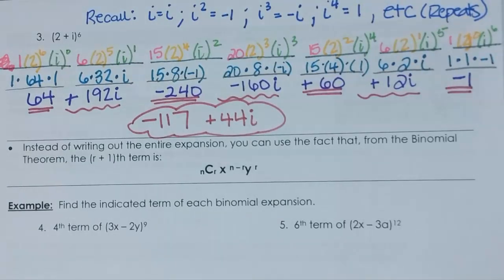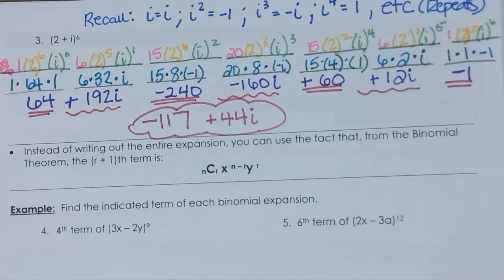So this is about if we're taking a binomial and expanding everything. Sometimes, though, it asks us for a specific term, and we wouldn't want to write out everything in the binomial expansion. We would just want to write out the specific term and decide what that's going to be.